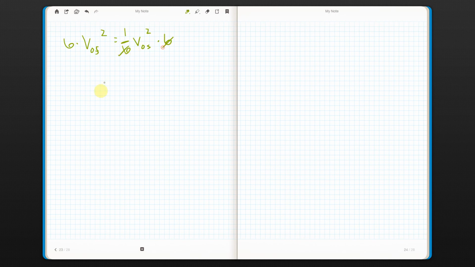So what I get is 6 times the initial velocity of the father squared equals the initial velocity of the son squared. Square root both sides. Plug the numbers in, and if I plug in the initial velocity of the father that I just found, I end up with 14.78 meters per second equals the initial velocity of the son.